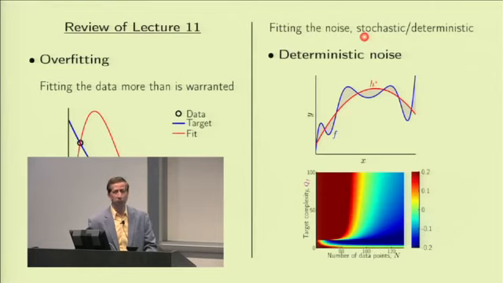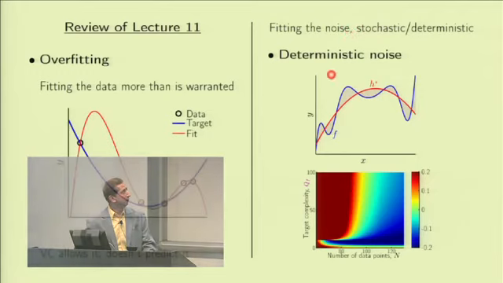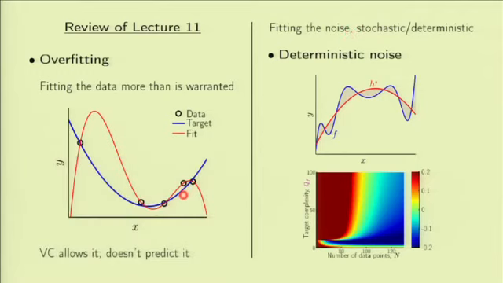And the conventional meaning of the noise is what we are referring to now as stochastic noise, because we are introducing another type. If you fit the noise, this is bad because you are fitting something that cannot be fit. And because you are fitting it, you are predicting, extrapolating out of sample into a non-existing pattern. And that non-existing pattern will take you away from the target function. So it will contribute in a harmful way to your out-of-sample error.